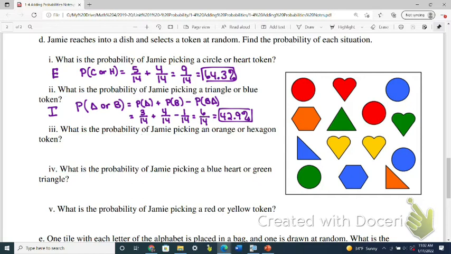What is the probability of picking an orange or a hexagon? So is there any orange hexagons? Yes, there is. So this is inclusive. So I want the probability of orange or hexagon.